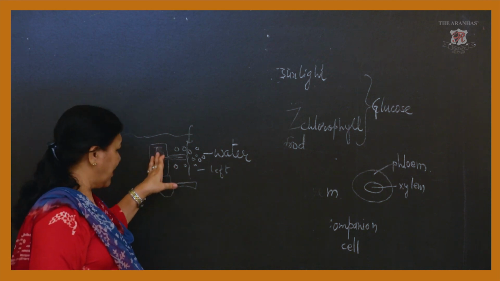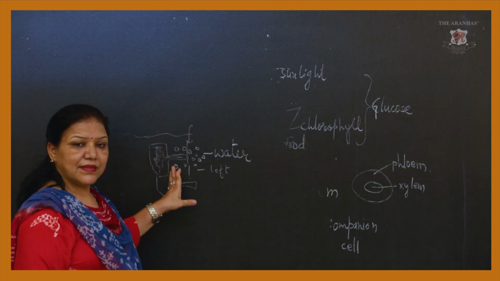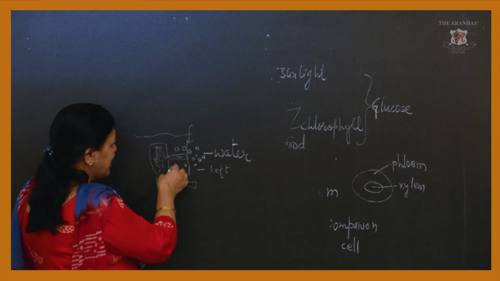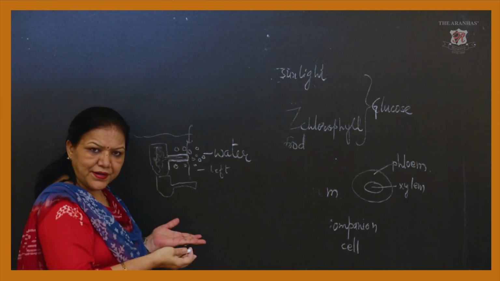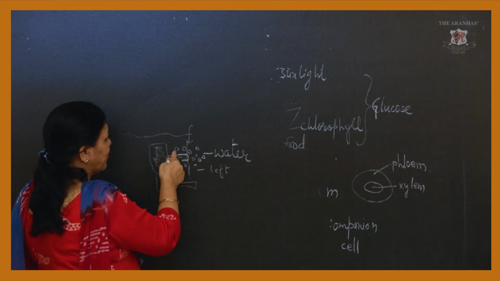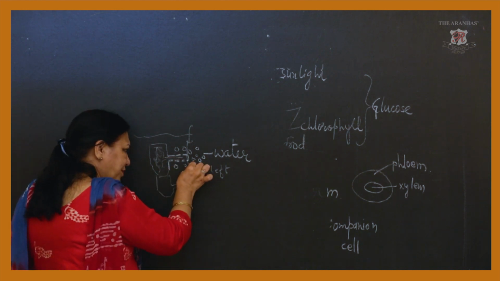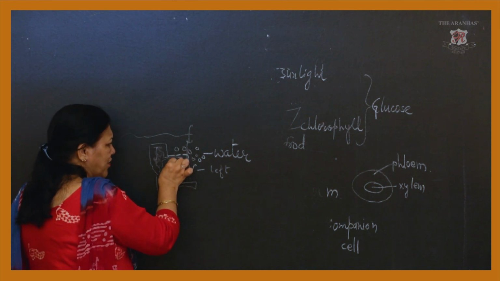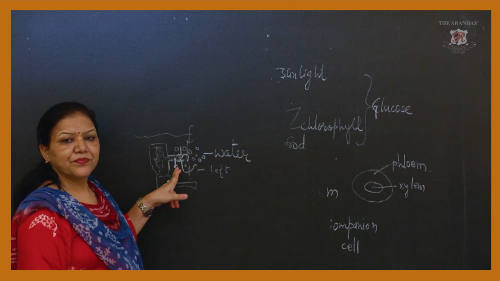Yes, there are some water molecules, but the number is less. Now here is the semi-permeable membrane. This is the plasma membrane we have already done, which is perforated. And now the movement of water molecules starts inside the cell.